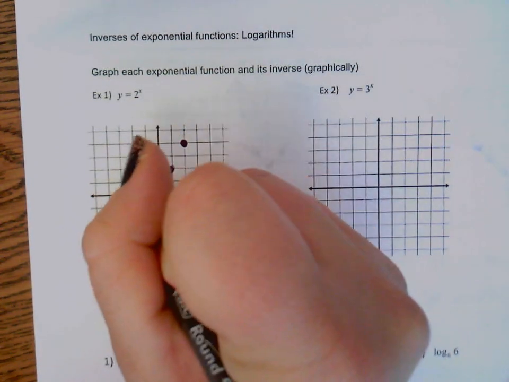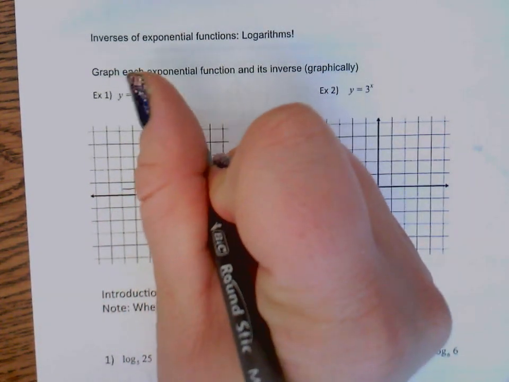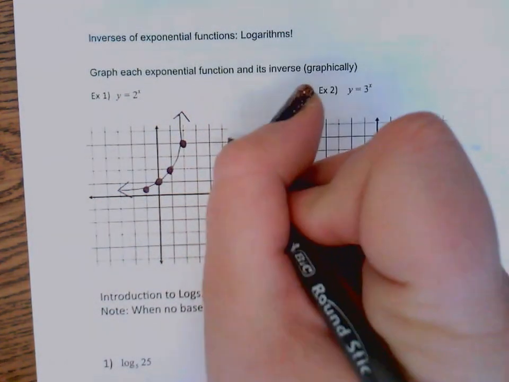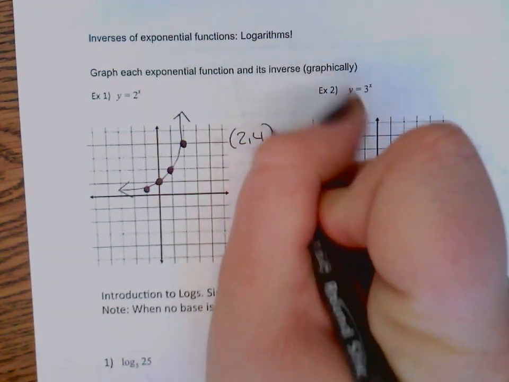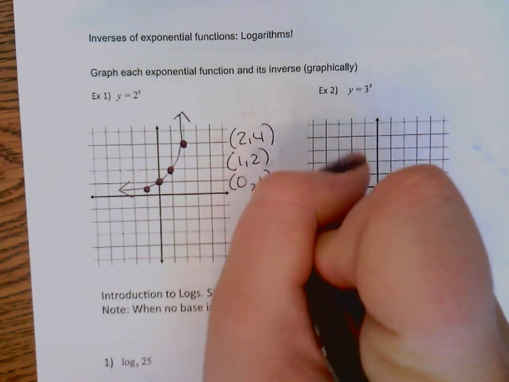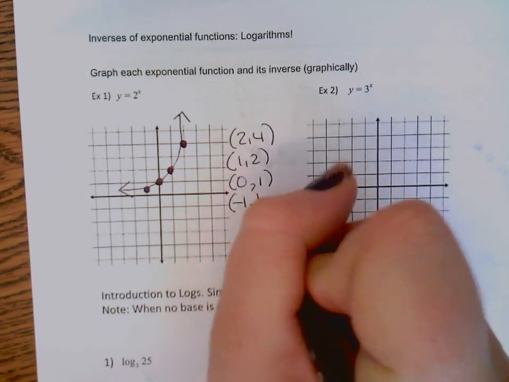So if I have those key points for my exponential function, I can graph the inverse the same way we did on the front page. So this was 2, 4, 1, 2, 0, 1, negative 1, 1/2.